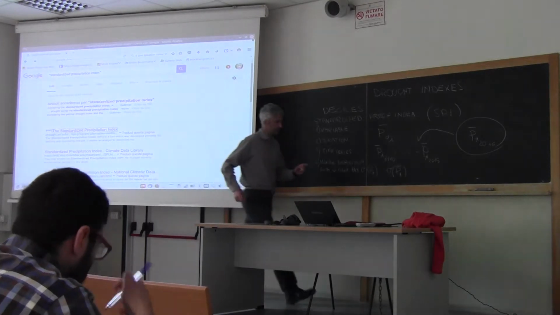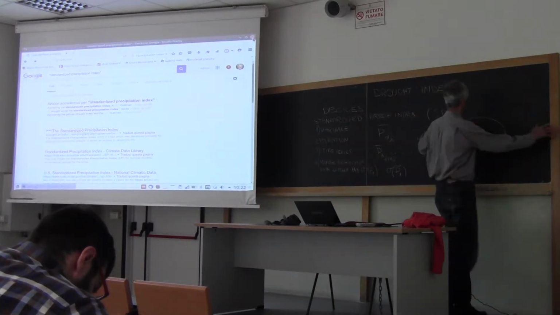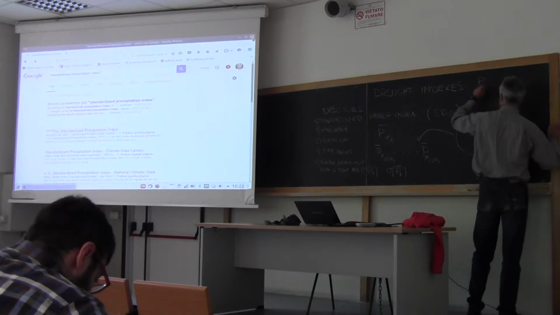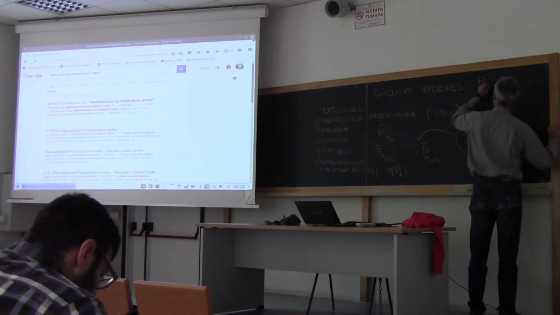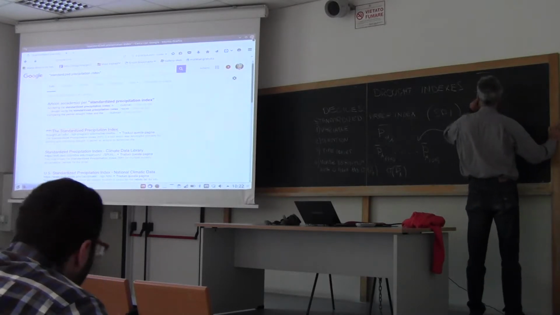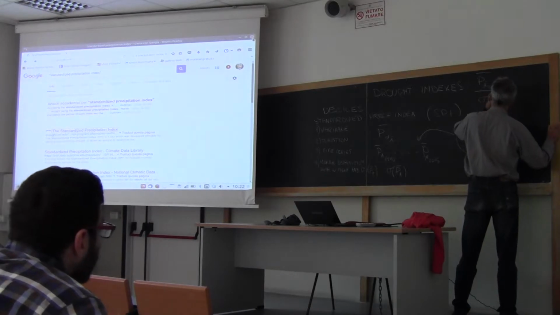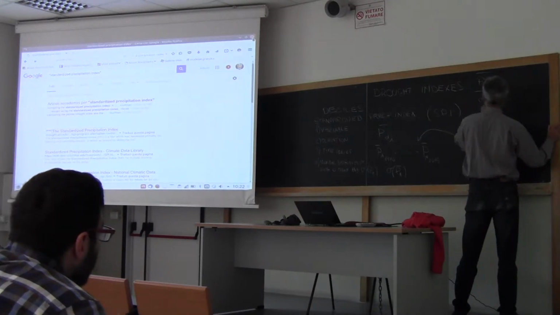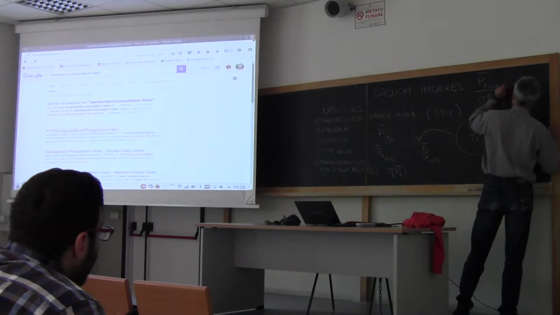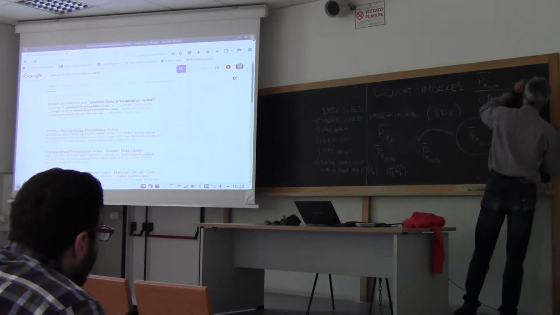Then let me compute this quantity, P August 2016 average divided by sigma P August, and this is my SPI.